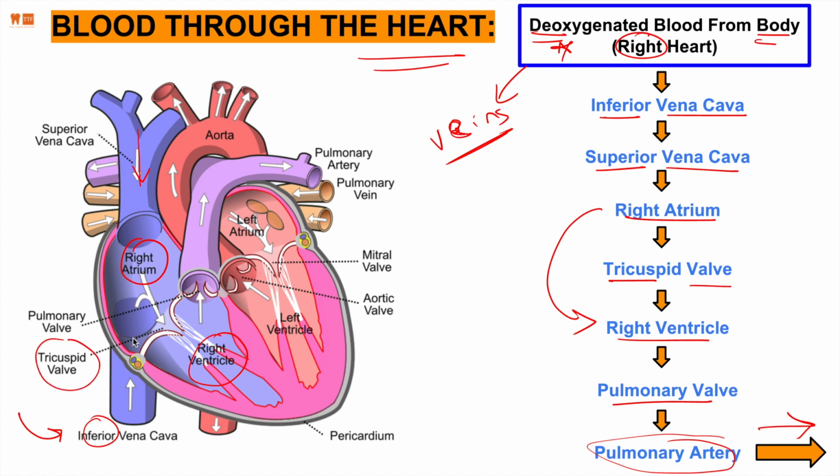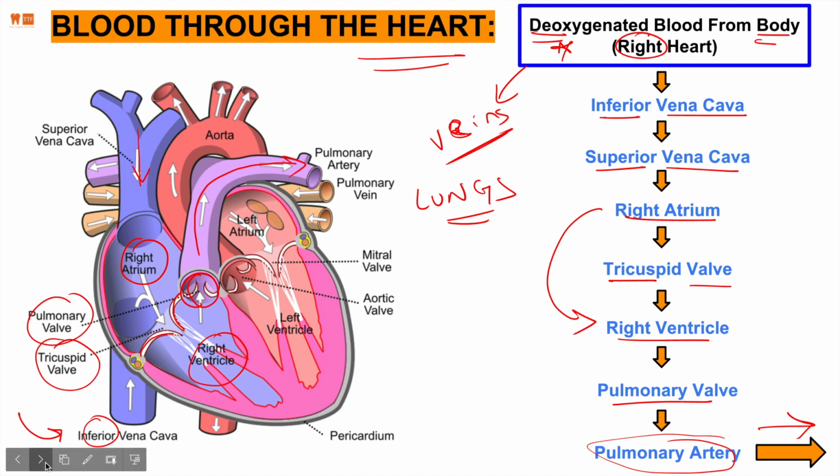Well, it crosses tricuspid valve right over here. Once it does that, it travels from right ventricle through the pulmonary artery, crossing the pulmonary valve, and out through the pulmonary artery towards the lungs to become oxygenated. So we've covered the right side of the heart.